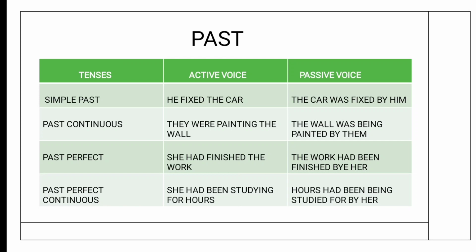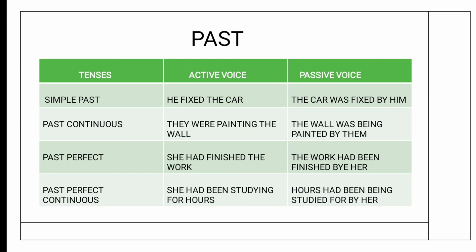The car was. Why was? Because it is the past tense, we have only two verb forms, was and were, the to-be forms. Why was? Because the subject is a singular noun. If the subject is cars, we have to use were. Here the subject is singular, so we are using was.